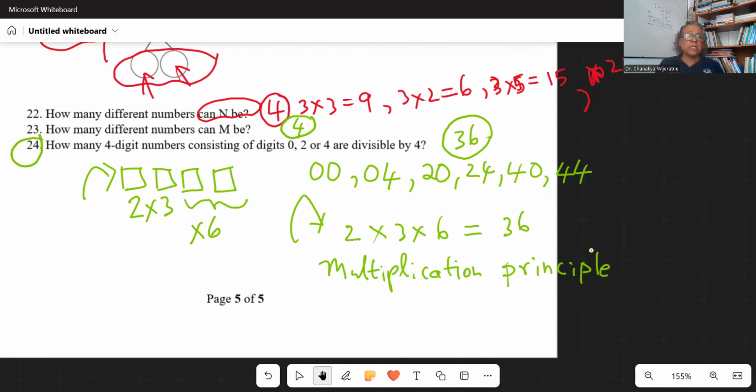That's another way of learning. There's a principle called the multiplication principle, and by that we multiplied. Even without knowing it, you can see that if you multiply, we get all possibilities for this 4-digit number. So the answer is 36.